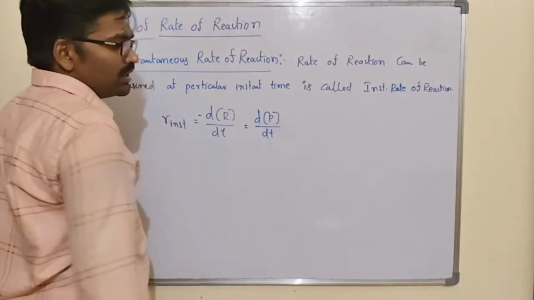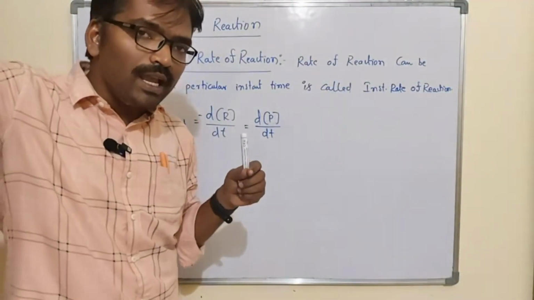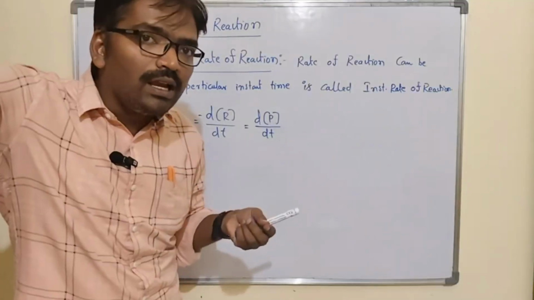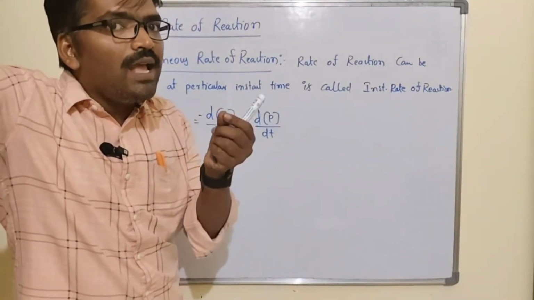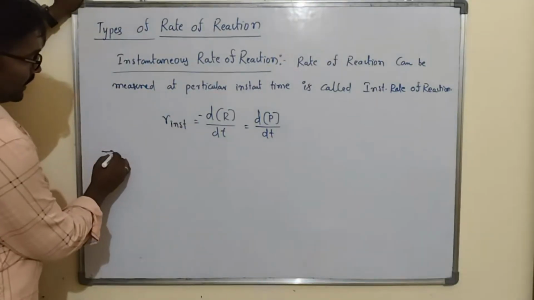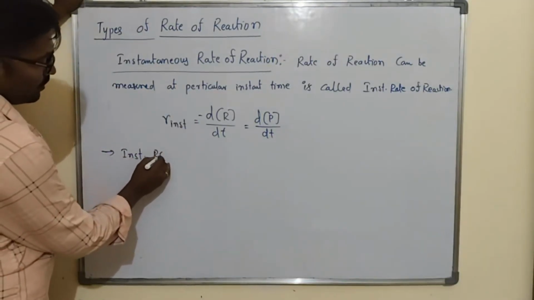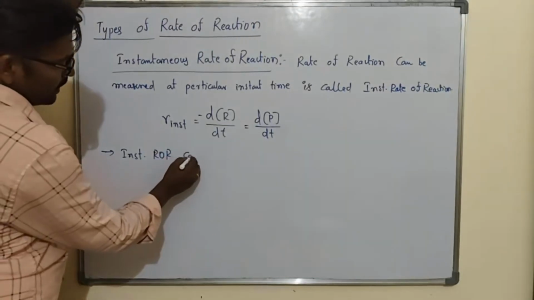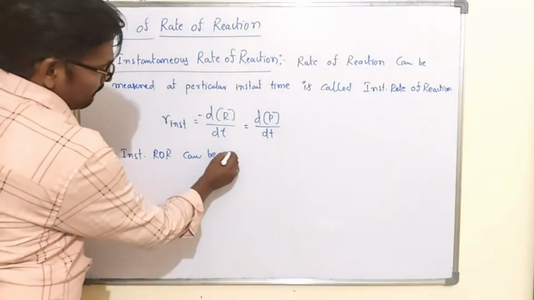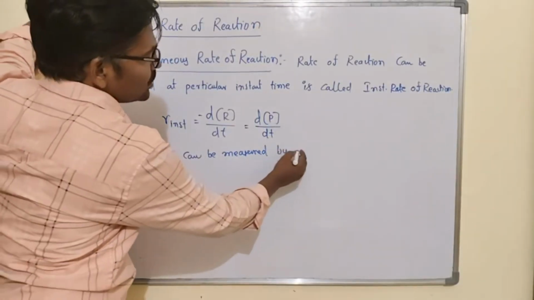The instantaneous rate of reaction can actually be calculated by the tangent method. So the instantaneous rate of reaction can be measured by the tangent method.